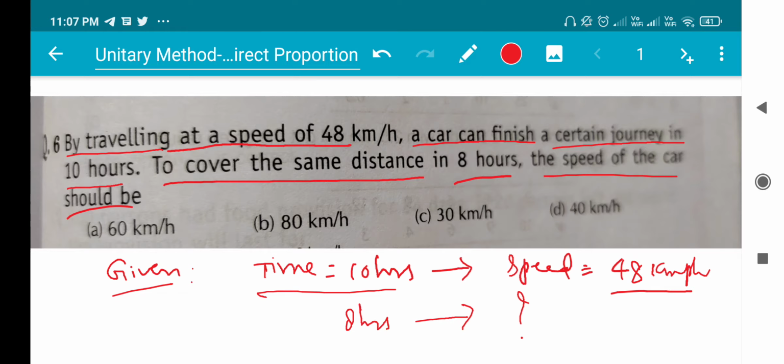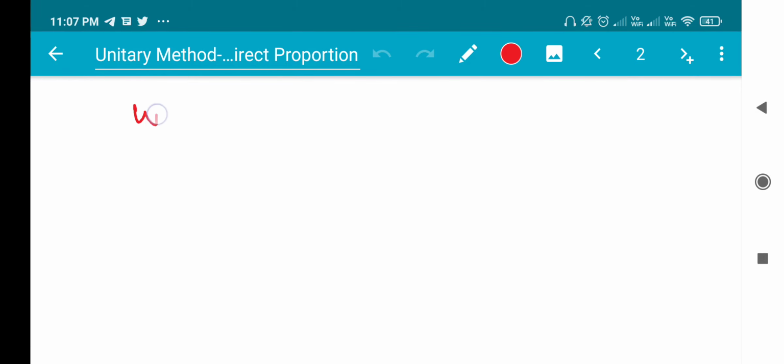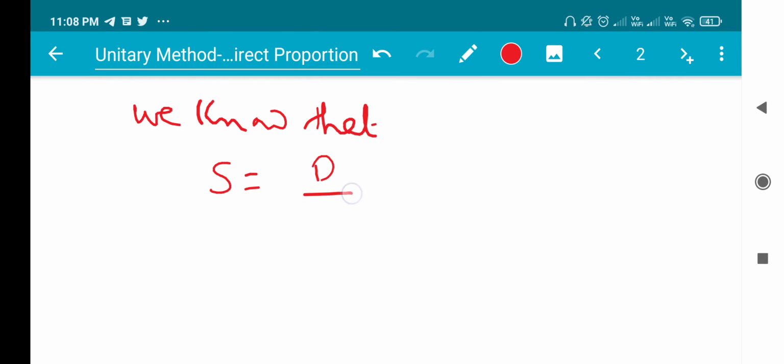See, we know the formula of speed is equal to distance upon time. We know this formula.